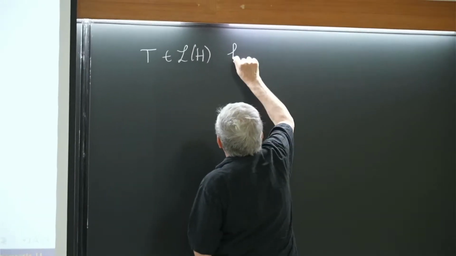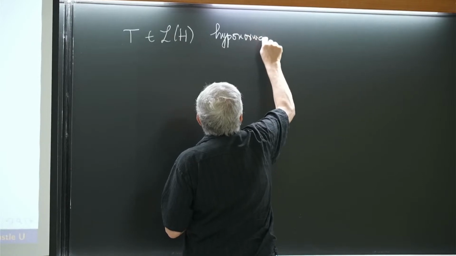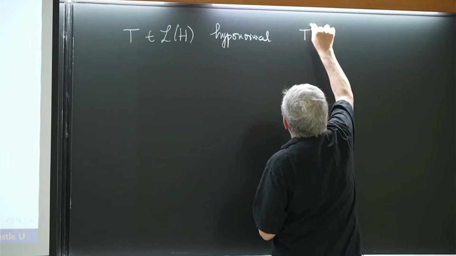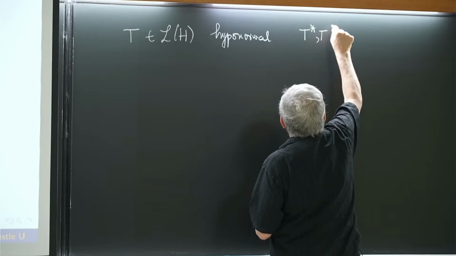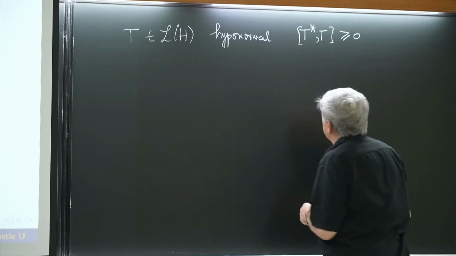An operator T is called hyponormal if the commutator is non-negative. What it means is written there equivalently.